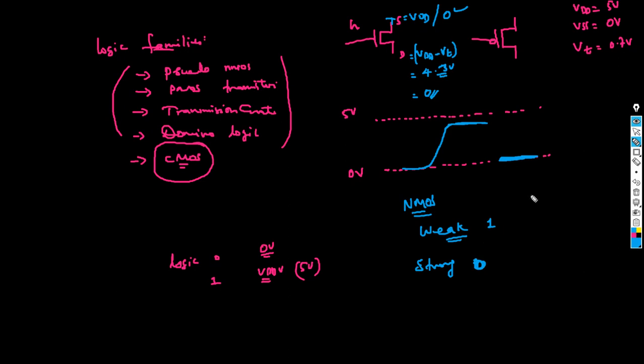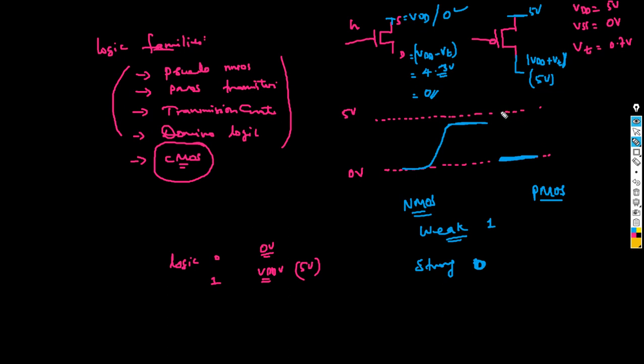Now, what about your PMOS? This is going to be VDD plus VT, more or less the same. Say this is 5 volt. It cannot go beyond that, so it would always be capped at 5 volt only.